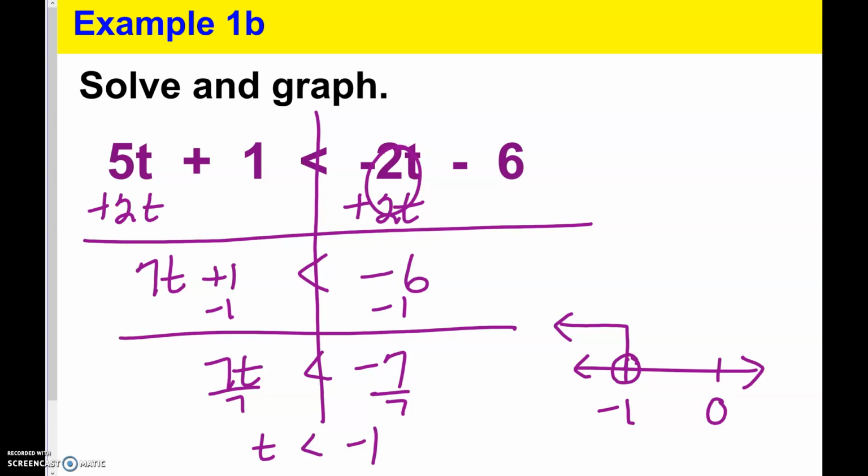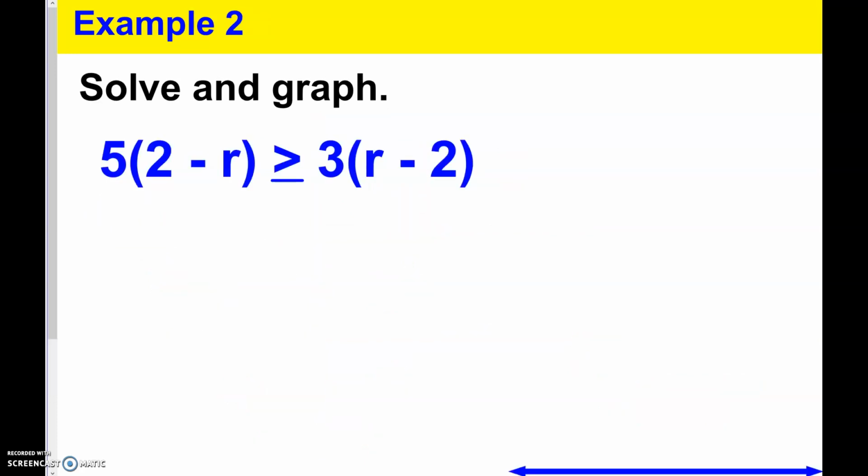All right, next problem here. Ooh, this one's got a double distributive going on here. So I have to distribute on both sides. That's the first thing I'm going to do. So we're going to take 5 times 2 is 10.